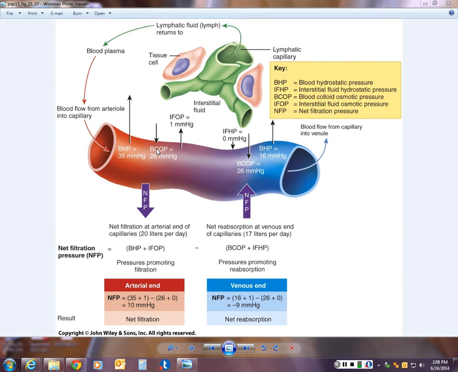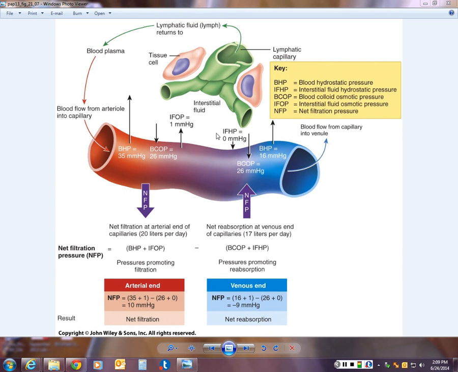So blood colloid osmotic pressure is the plasma proteins trying to influence the interstitial fluid to become a part of blood, to pull that fluid from interstitial fluid back into blood. And notice the direction of the arrow here. So those are your two forces associated with blood. We have a blood hydrostatic pressure trying to drive fluid out of the vessel, and a blood colloid osmotic pressure determined by the plasma proteins trying to pull fluid in.